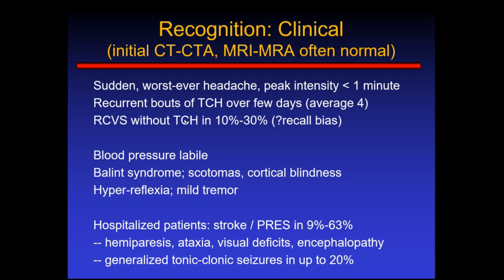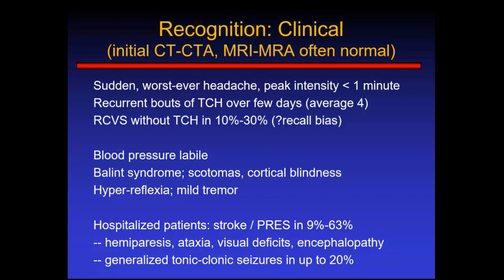So now a patient has three headaches with peak intensity less than 1 minute. There is no other condition, not sentinel bleeds of aneurysmal rupture, not venous thrombosis, nothing else that causes recurrent worst-ever headaches in a span of a few days. That is RCVS.